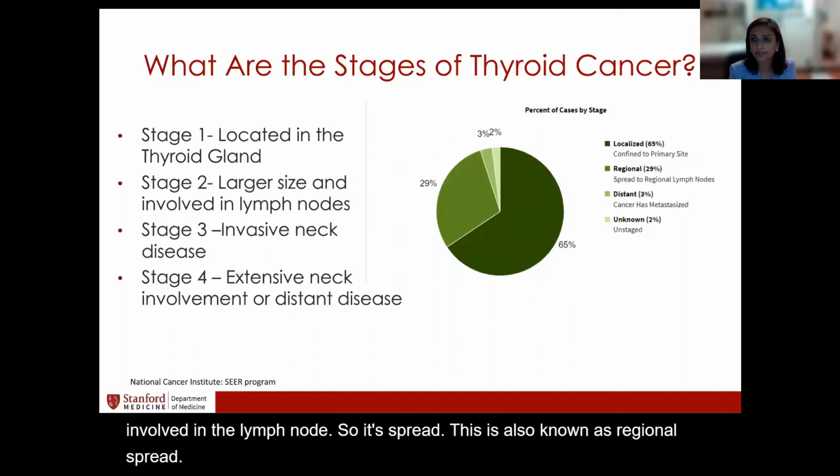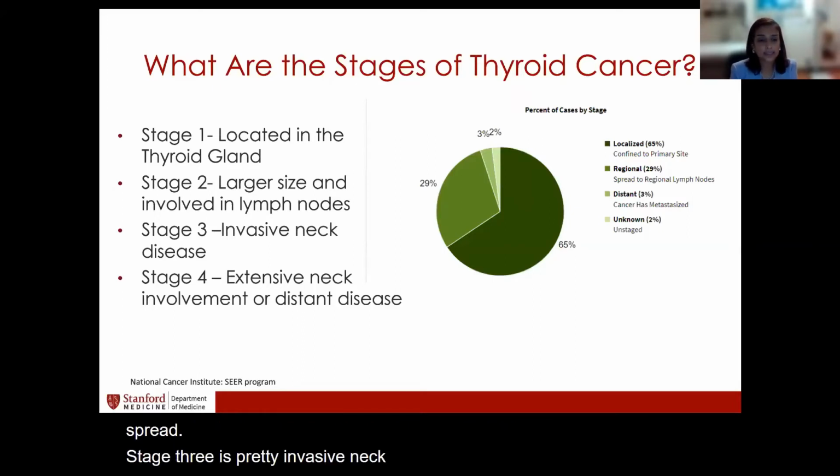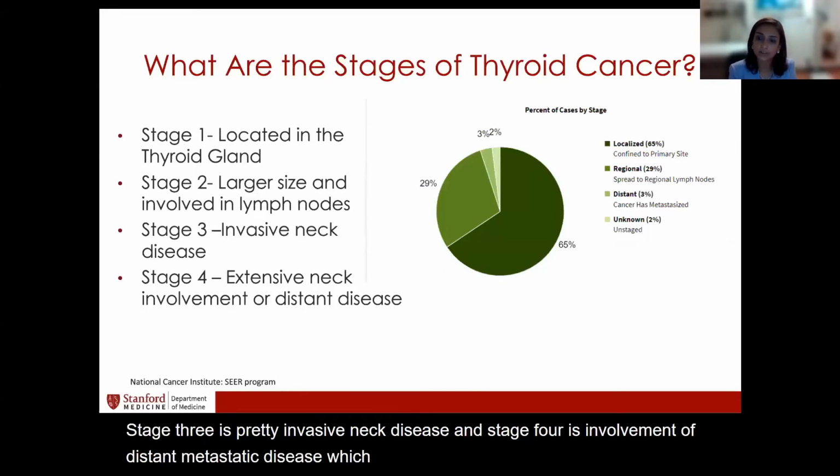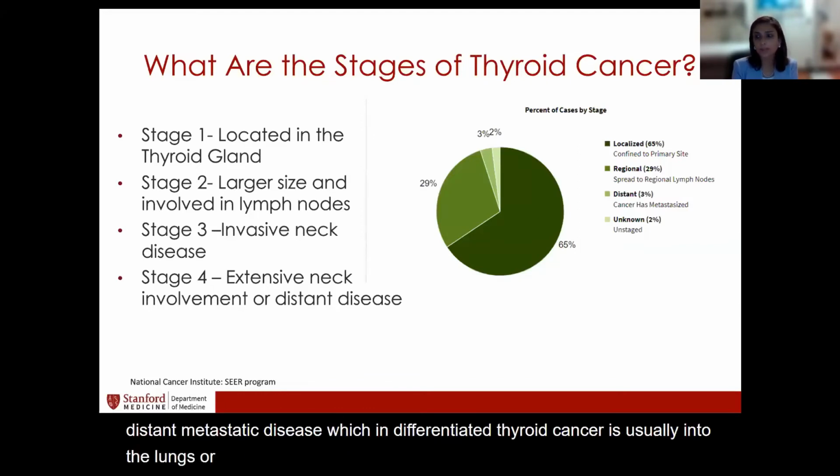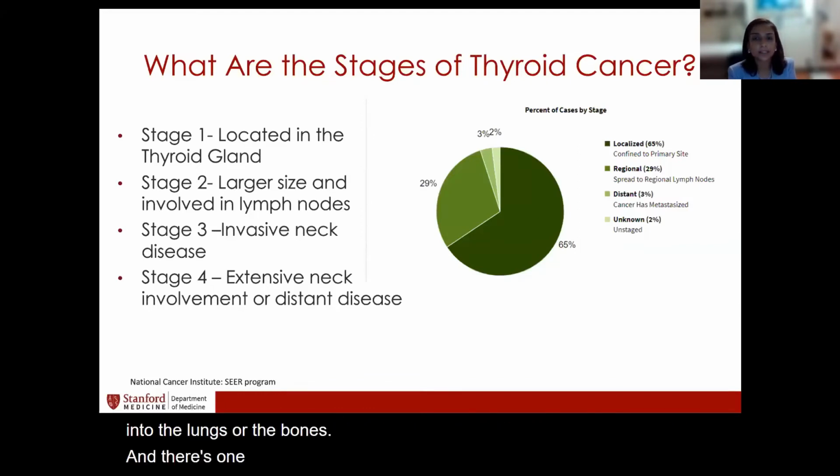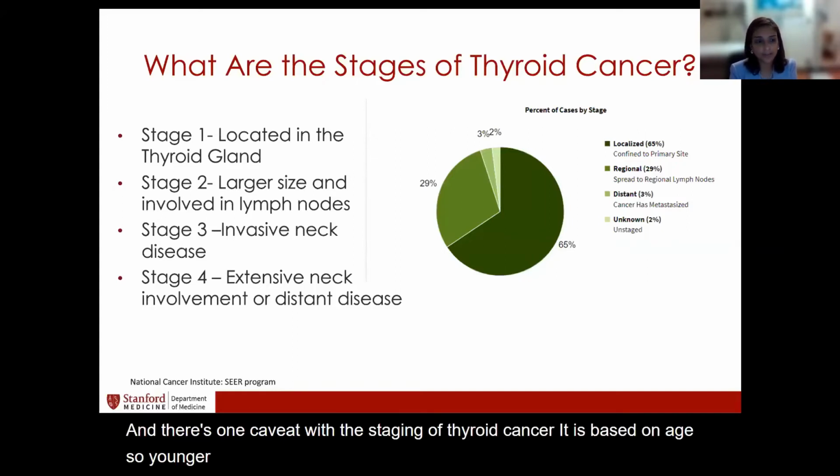Stage 3 is pretty invasive neck disease, and stage 4 is involvement of distant metastatic disease, which for differentiated thyroid cancer is usually in the lungs or the bones. There's one caveat with the staging of thyroid cancer: it is based on age. Younger patients under the age of 55 will only have a stage 1 or stage 2.